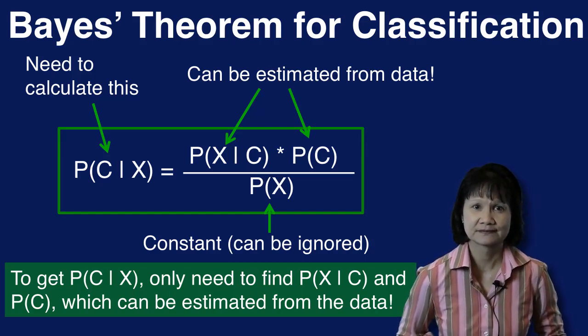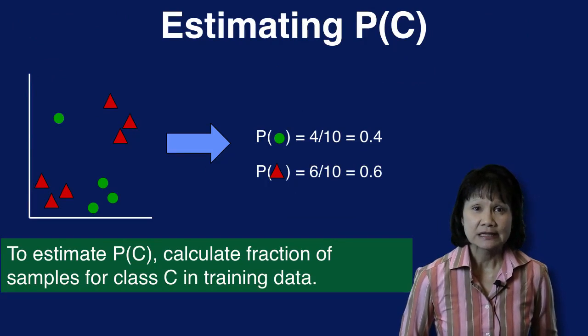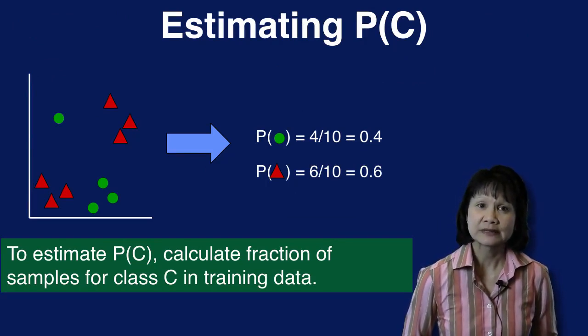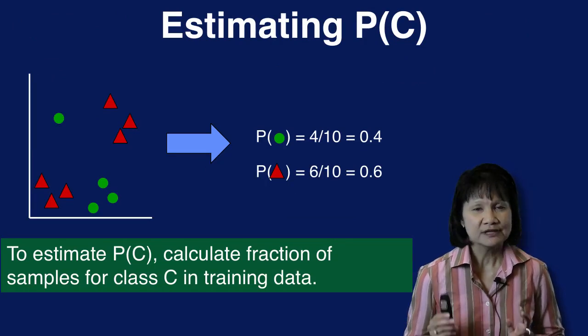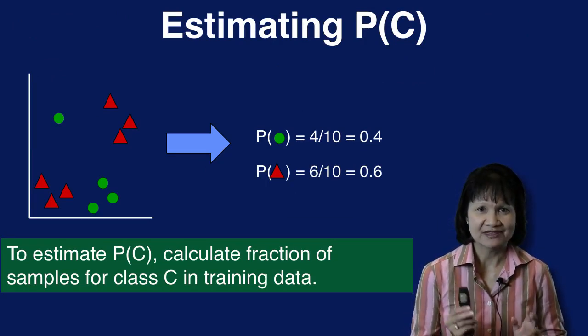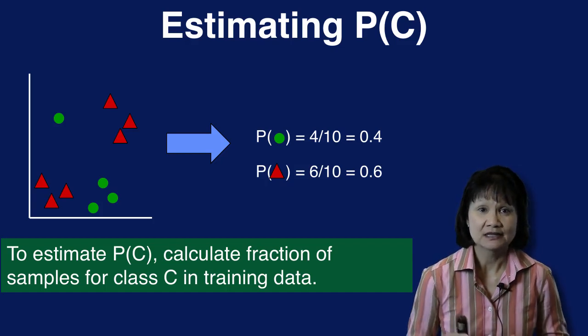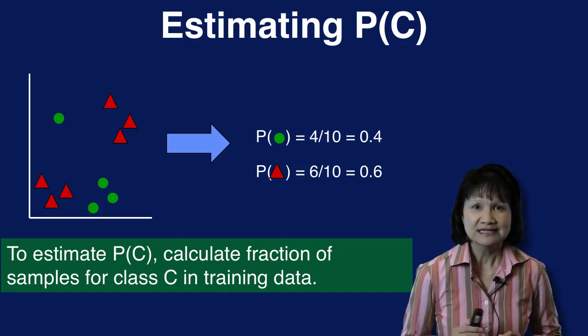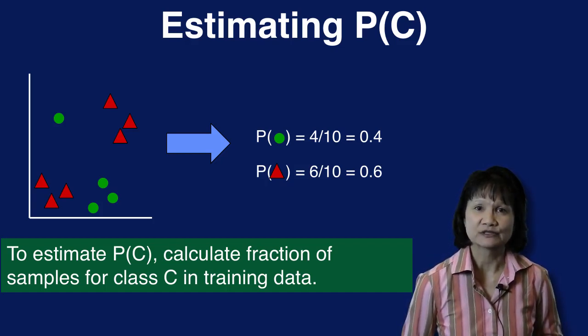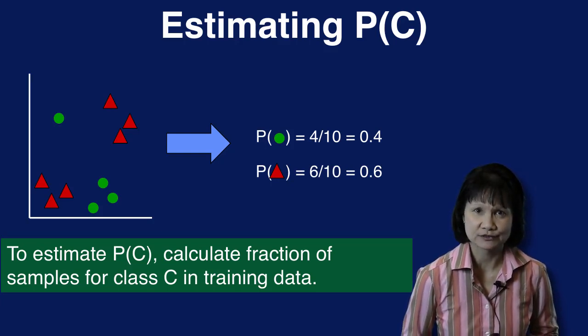To estimate the probability of C, which is the probability that the class is C before observing any input data, we simply calculate the fraction of samples with that class label, C, in the training data. For this example, there are 4 samples labeled as green circles out of 10 samples.